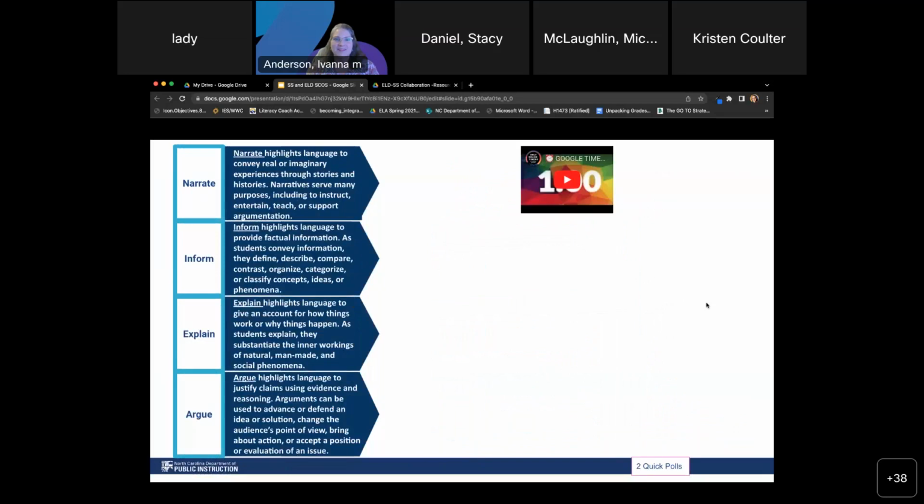So we've just gone through and we talked about the key language uses. With that, once again, they are here for you, and there are only 4. And the same 4 are going to, if you're talking to your colleagues in science or in ELA or in mathematics, they're going to have the same 4 language uses.